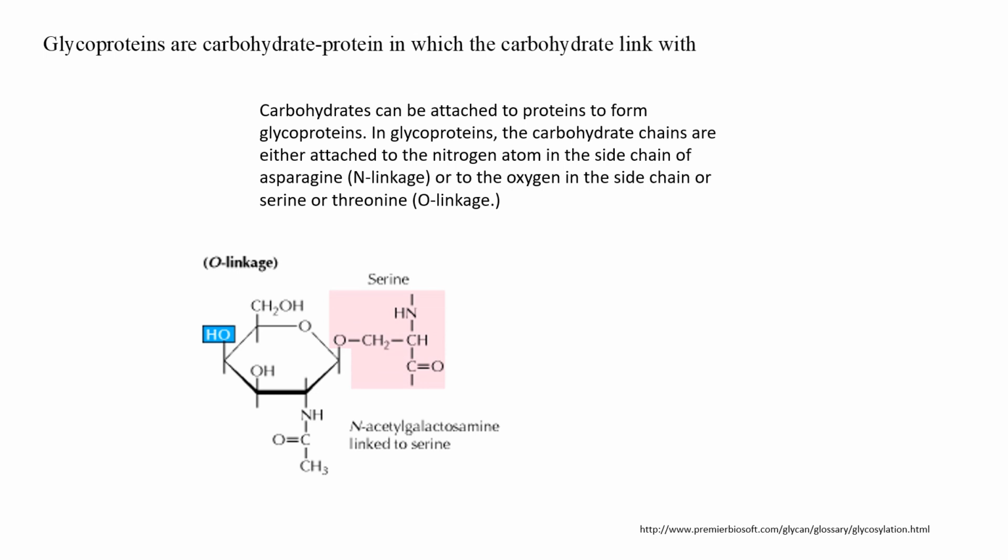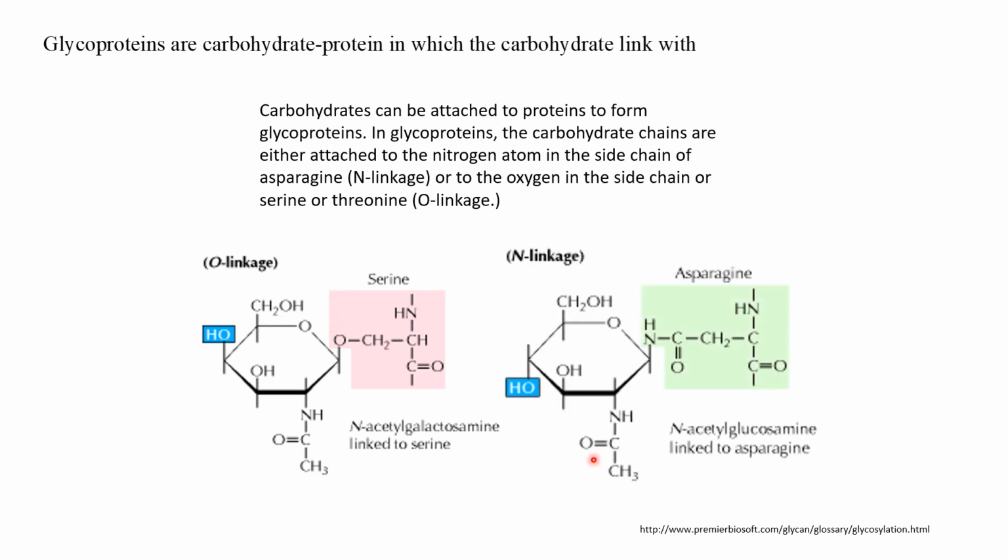This is O linkage, where the oxygen side chain of serine or threonine is attached to the carbohydrate, and this is N linkage, where the nitrogen side chain of asparagine is attached to the carbohydrate.